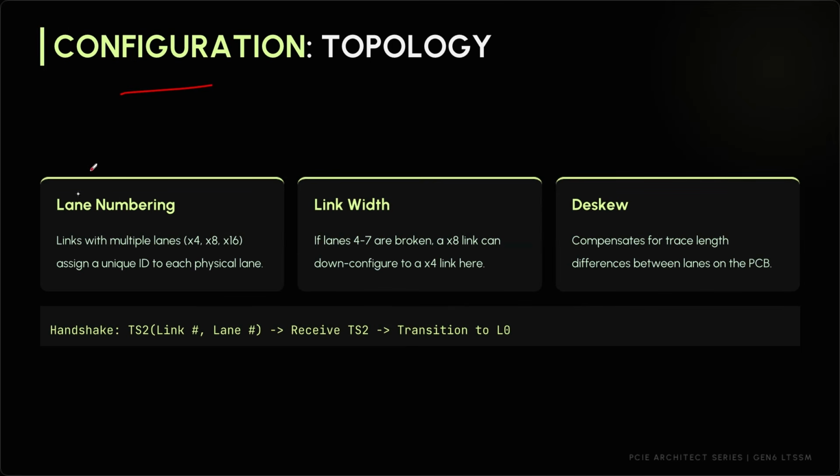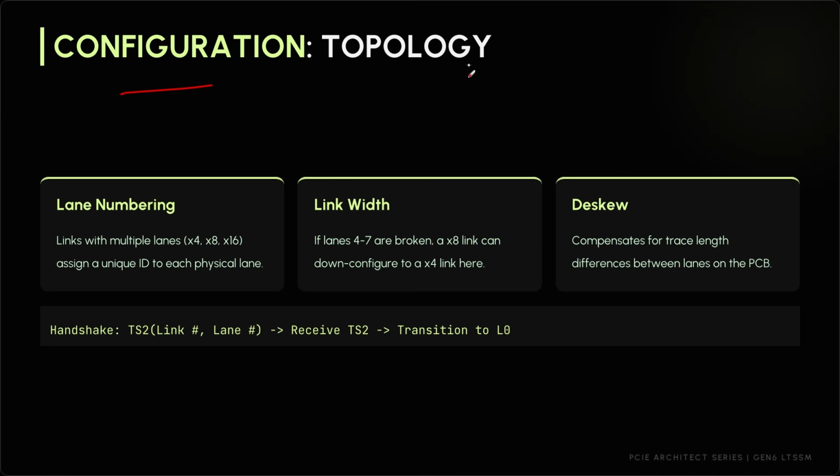In Configuration, it determines how the link will operate. Three major tasks happen here: lane numbering, link width selection, and deskew. Lane numbering assigns logical identities to the physical lanes, whereas link width defines whether the connection operates as x1, x4, x8 or x16. Deskew compensates for the timing difference between the lanes.